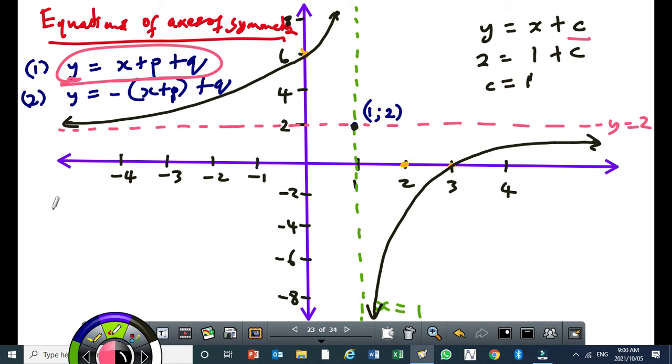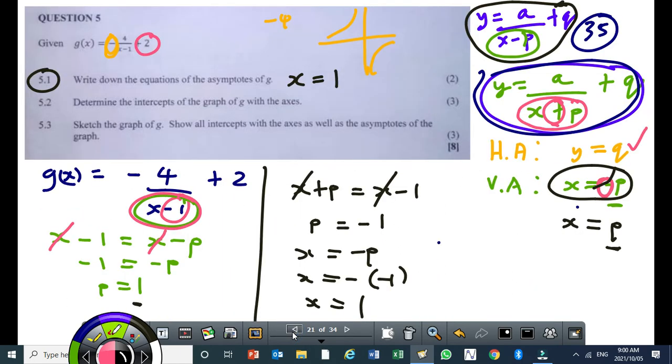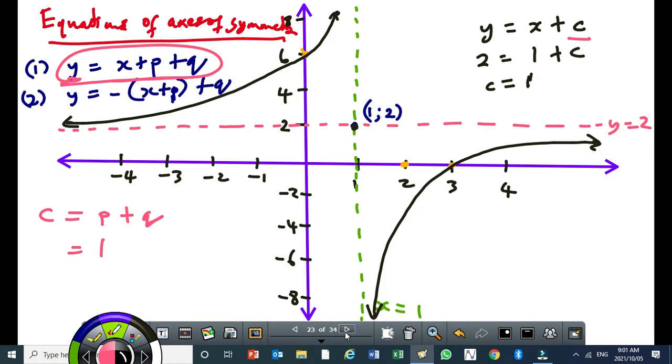Plus Q. So if C is going to be equal to P plus Q, what is P? P is 1. We calculated it here. Please don't get confused. I calculated P. It's 1. What is Q? It's 2.